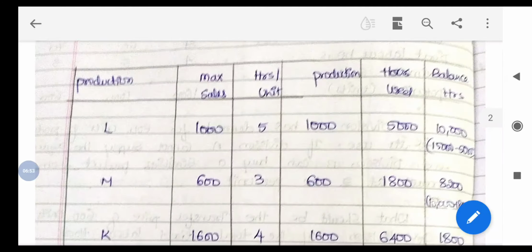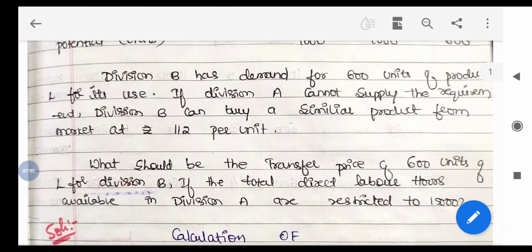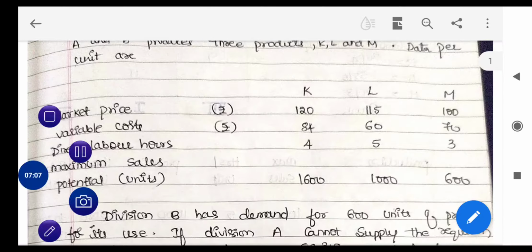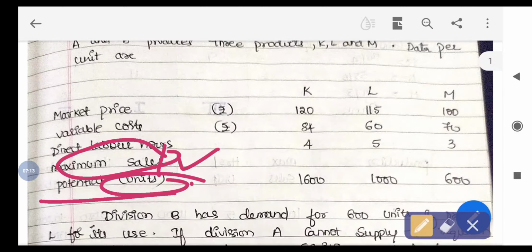So total production. For maximum sales and hours, they have given in the question the maximum sales or production. So maximum sales or production is the one thing only.